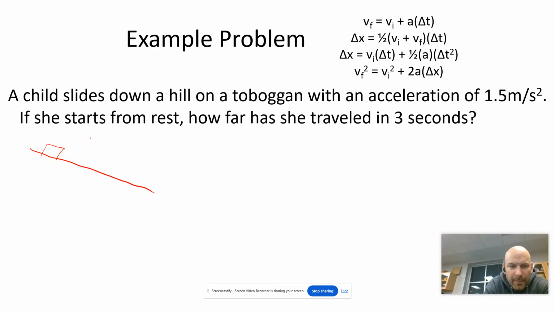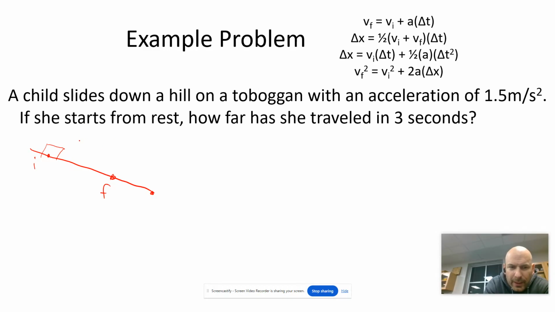I'm going to pick your initial and final position. So we're going to be up top at rest. That's my initial. Final is when she's, how far she traveled in 3 seconds. So she doesn't necessarily have to be at the bottom. So 3 seconds later.